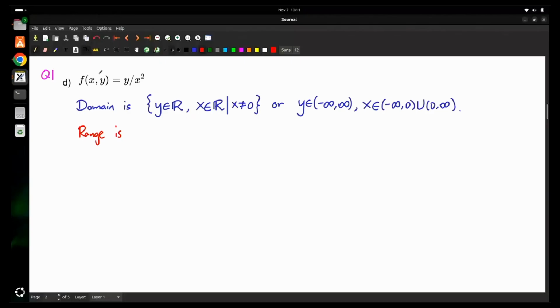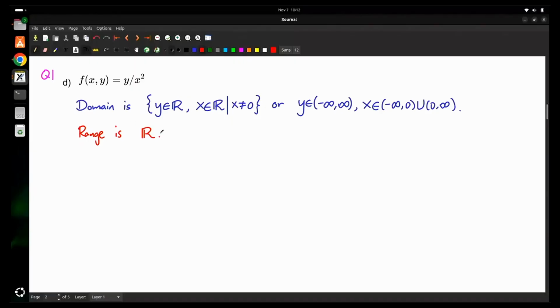For example, f equals 0 over 4. So you can get 0 as part of the range. Okay, I contradicted myself. In fact, you can get 0, because this y can be 0, it's not a constant.